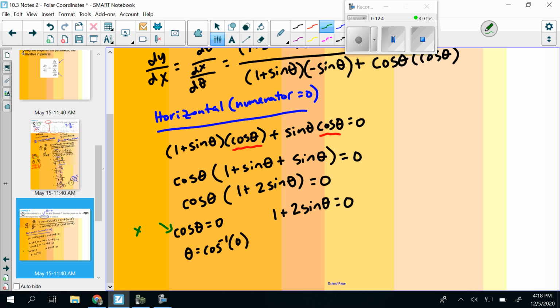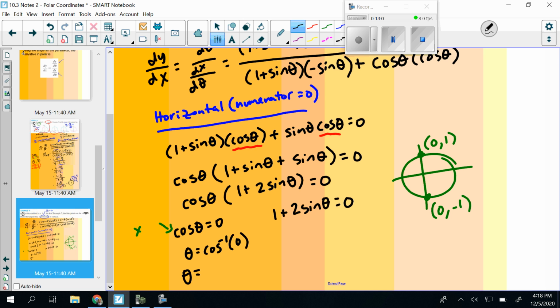So when on the unit circle do we have an x value of 0? That would be right here, and also right here, because this is the point 0, 1, and this is the point 0, negative 1. And so the values that we're going to get for this one would be 90 degrees, which is pi over 2, and 270, which is the same as 3 pi over 2.